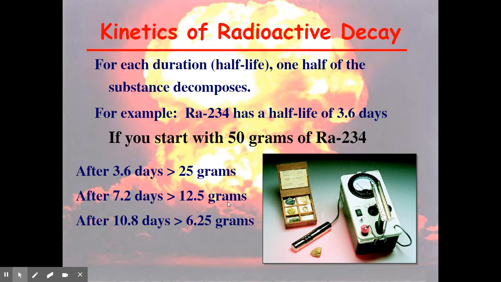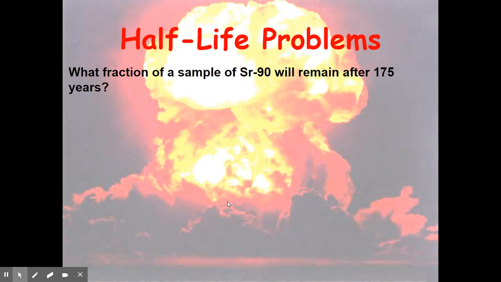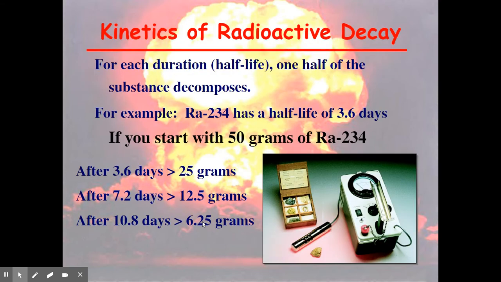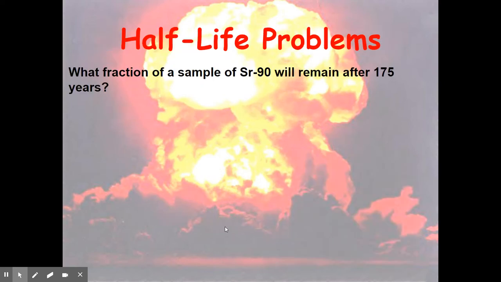You add 3.6 days to 10.8, which is 14.4, I believe, and half of 6.25 is 3.125 if you wanted to keep going. You can do this mathematically. You can set a proportion and figure it out. But that's really the hardest type of problem you're going to get in this. It's just thinking of it that way, and I call it logic.